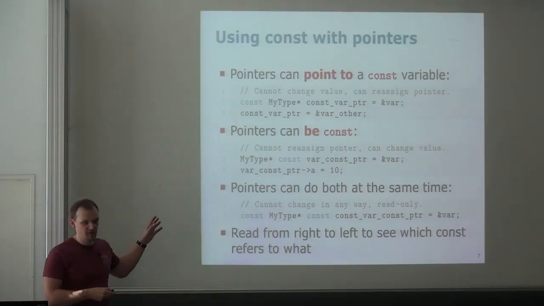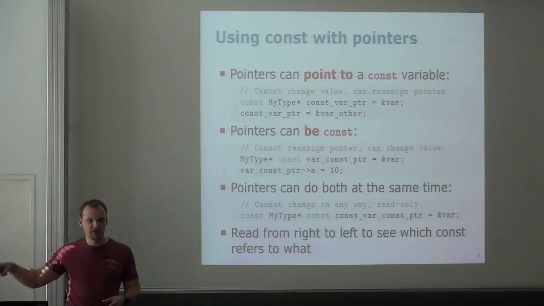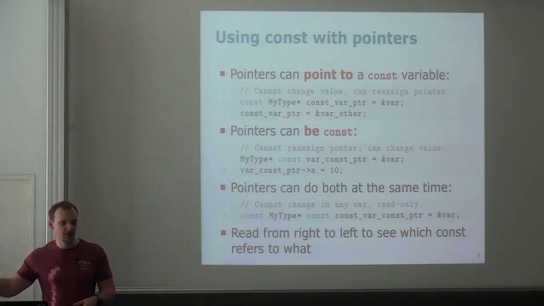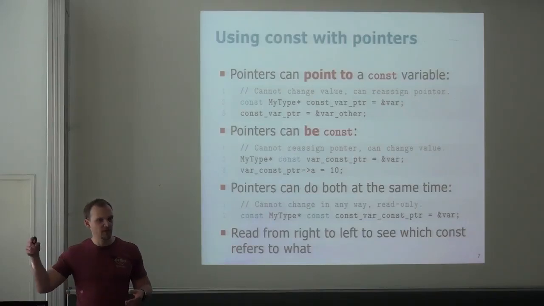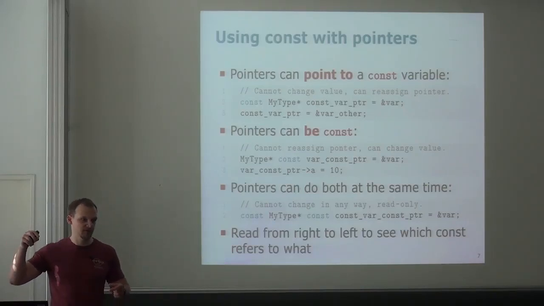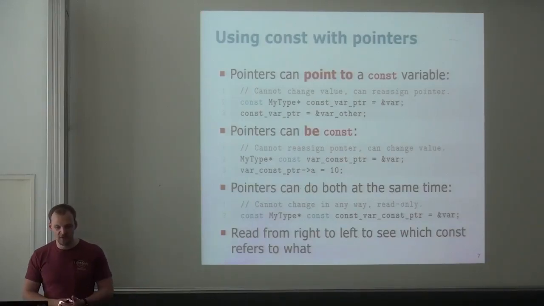For instance, if I would pass a pointer into a function, I would probably pass it like this, because I care about my variable not being changed, but I don't care if somebody resets this pointer to something else, because he will be working with a copy of my pointer. I hope that is clear, because a pointer is just a variable.